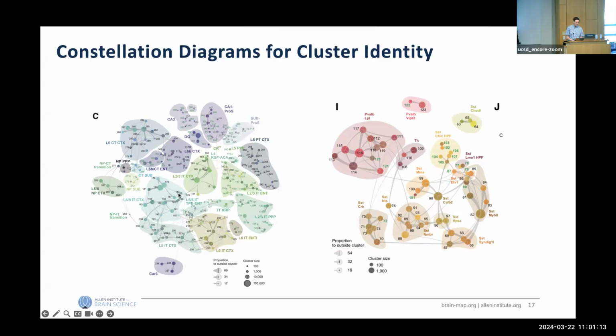And these edges are a measure of confusion: we do resampling when we do the clustering to determine how well the clusters hold up, and the line is thicker if there's more crosstalk between the different little things. I know some of you have seen these kinds of pictures before, but it's a way of visualizing what the major groups are and how they interrelate.